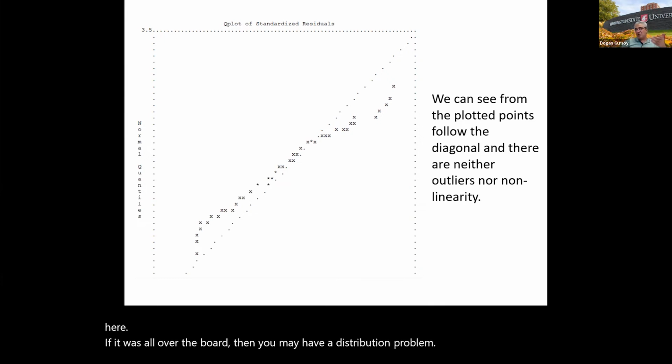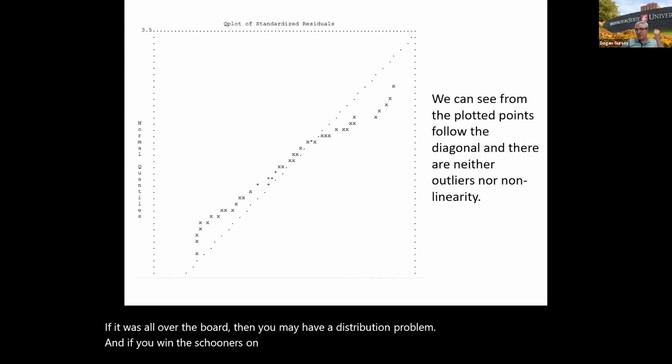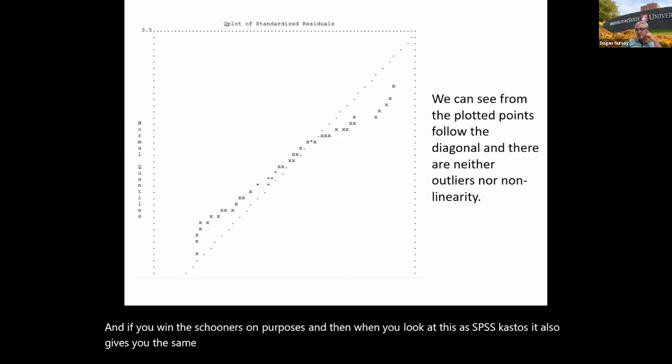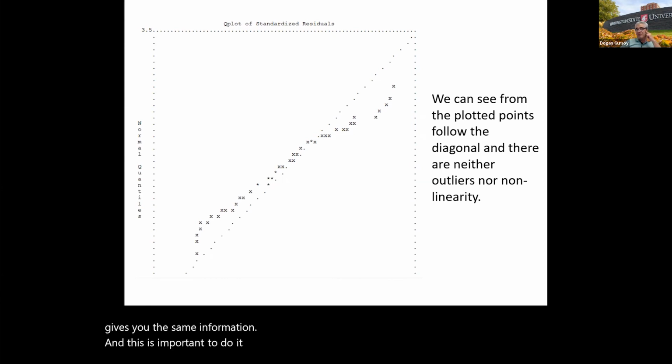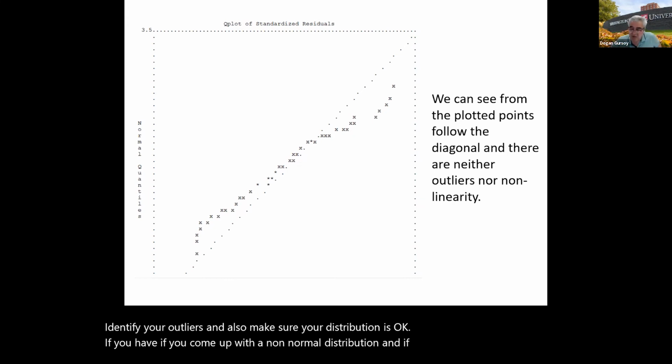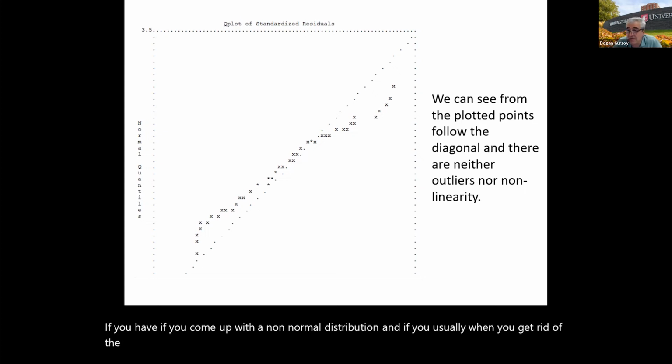And when you look at skewness and kurtosis, SPSS gives you the same information. It is important to do this before you run the data: identify your outliers and make sure your distribution is okay. If you come up with a non-normal distribution, usually getting rid of the outliers sometimes solves the problem.